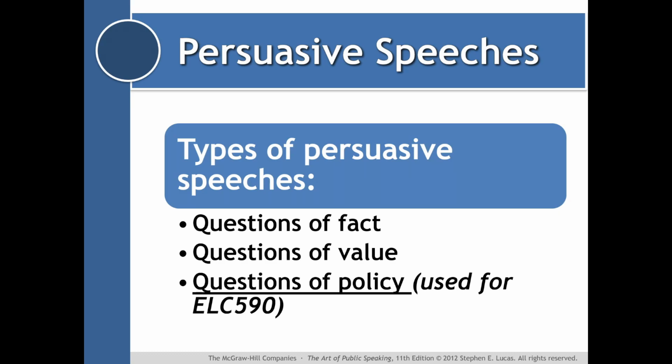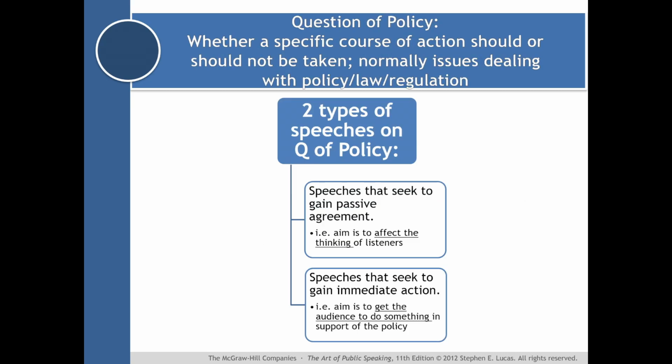Is it good or not? And then policy, for example, should we do online classes more or not? That is a policy, and you want to question them. Question of policy: whether a specific course of action should or should not be taken. Normally these are issues dealing with policy, law, or regulation.